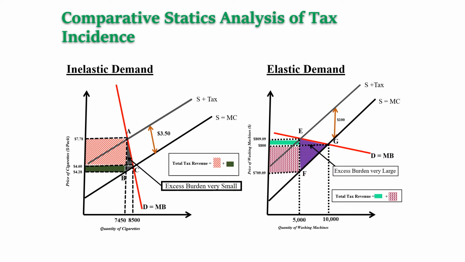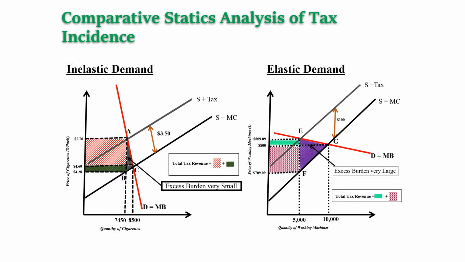Now let's do some comparative statics of tax incidence. As I said earlier, if you look at the diagram on the left, demand there is relatively inelastic. Because demand is inelastic, a tax on this particular good will lead to a greater amount of revenue and a smaller deadweight loss.